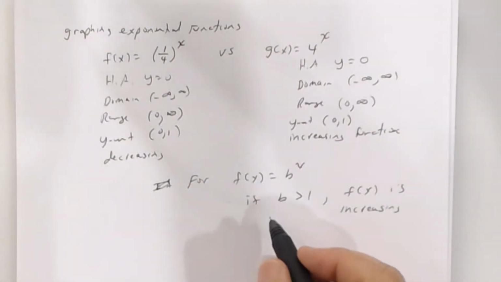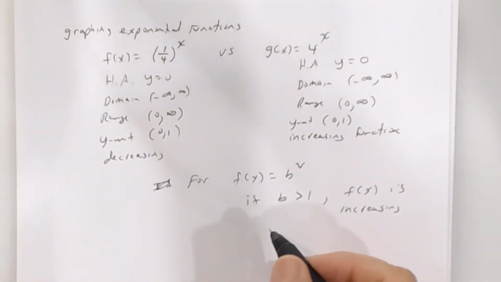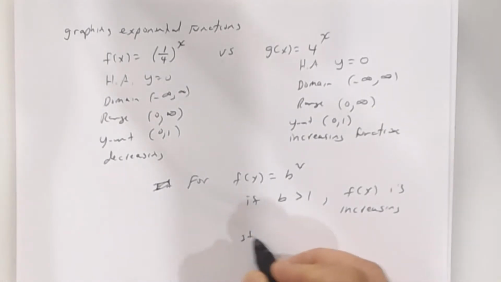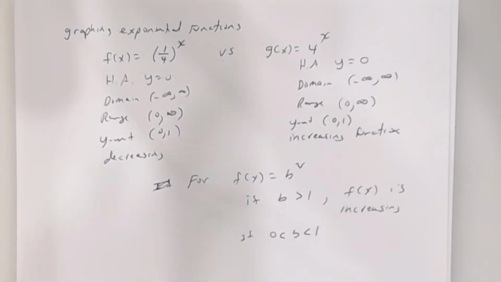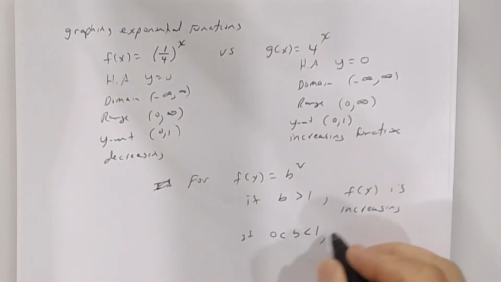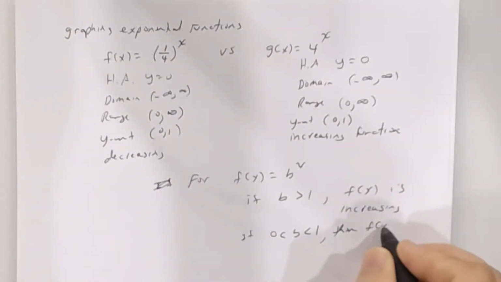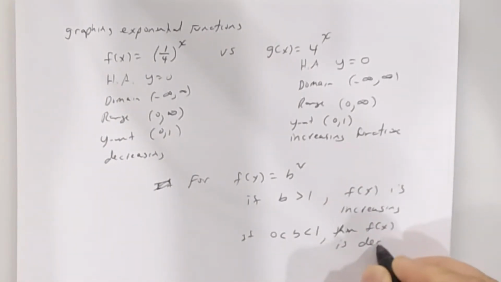So rather than saying if b is less than 1, because that would include negative numbers, and your base can never be negative, we're going to say this instead. If b is between 0 and 1, meaning a proper fraction, not including 0 and not including 1, then f of x is decreasing.